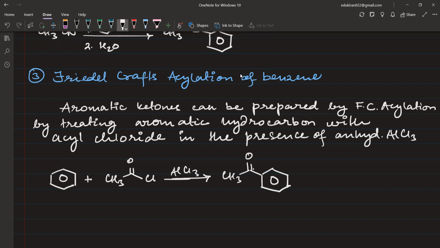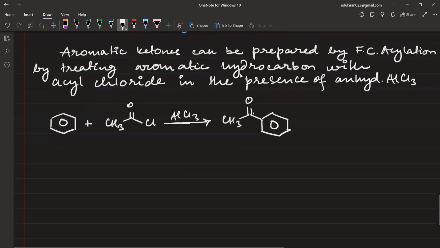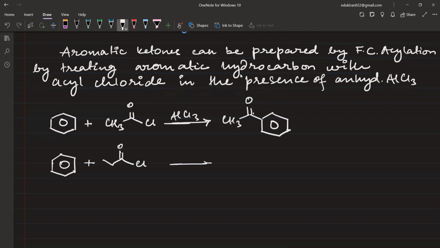So whatever the acyl chloride's CH3 C double bond part is, you write that first and then you write the benzene ring. For example, you write 1, 2, 3 carbon atoms, C double bond O, and then the benzene ring.